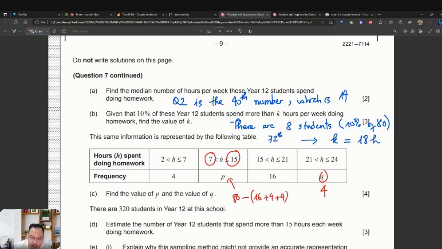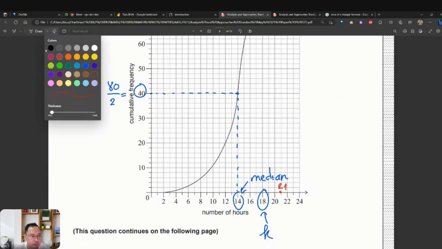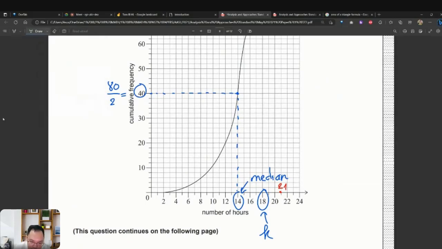Wait, that is a lot. Anyway, we check it with the cumulative graph. This is 24. 80 minus 24 is 56. Oh, that's a lot. Let me check that with the cumulative graph. 7 hours is here.